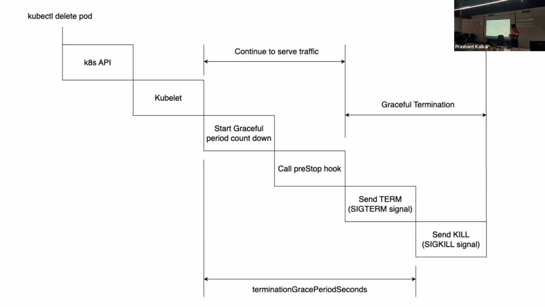The other one is that, till this point, when it is actually shutting down and the rest of the things are reacting, stopping the traffic and all of that, you want to continue to be serving. Because you are marked as terminating, the endpoint knows that you are terminating and is trying to react to it. After a while, once everyone has reacted to it, you will not receive any traffic, even if you are up.